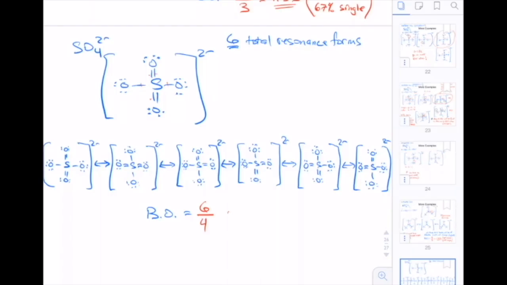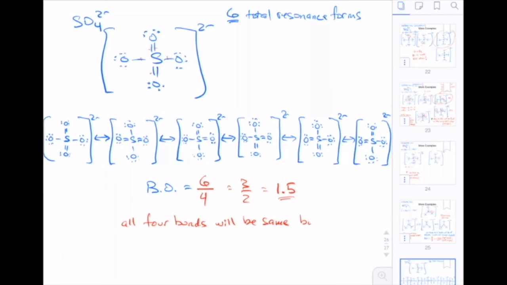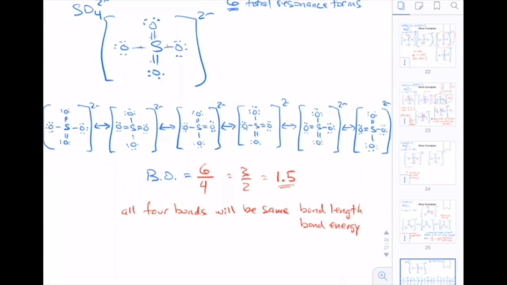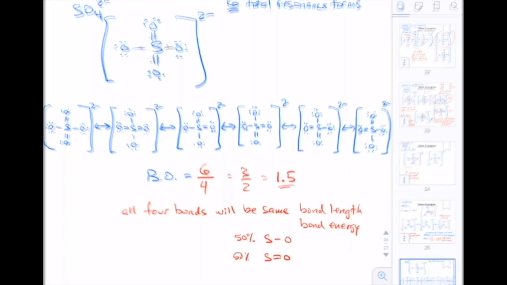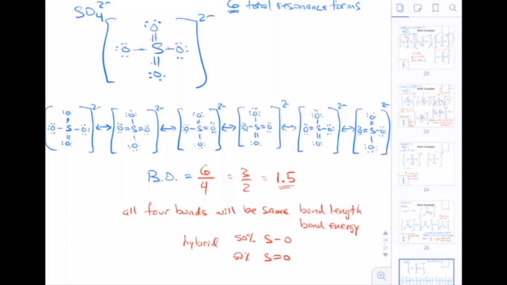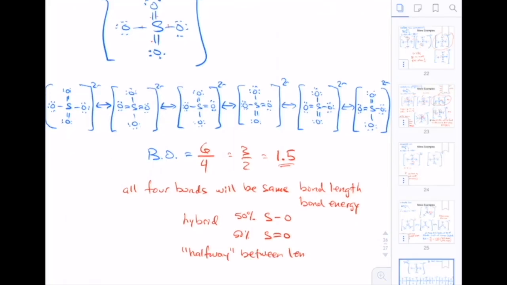So that's 6/4, which is equal to 3/2, which is a bond order of 1.5, meaning that all 4 bonds will actually be the same bond length, and they'll have the same bond energies, and it would show about 50% would be a single sulfur-oxygen bond length and bond energy, and 50% would be of a double bond. In other words, it would be a hybrid, and the strengths and the lengths would be about halfway between the length and the energy of these 2 bonds.